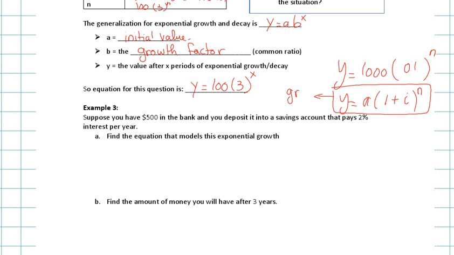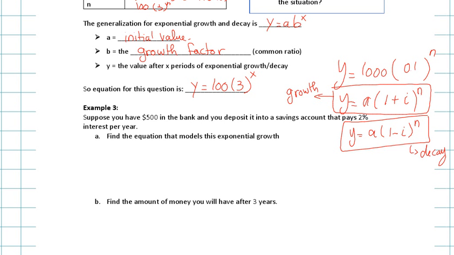And the formula, if you have a decay, will be y equals a times 1 minus I to the power of n. And I is your interest rate in decimal. You have to change it to decimal. So if it's 10%, it's 0.1. You divide your 10 by 100. These are the formulas.